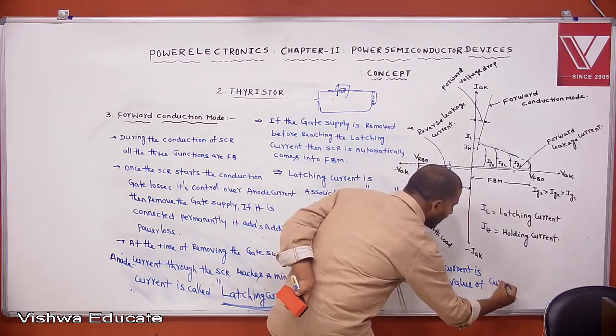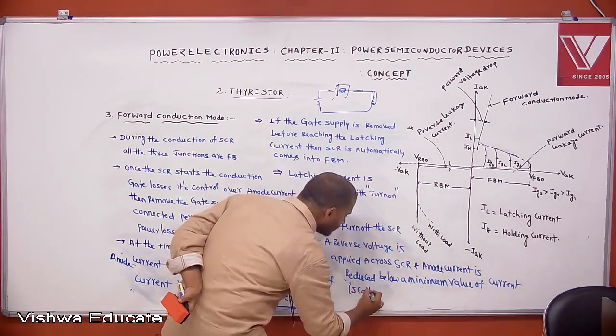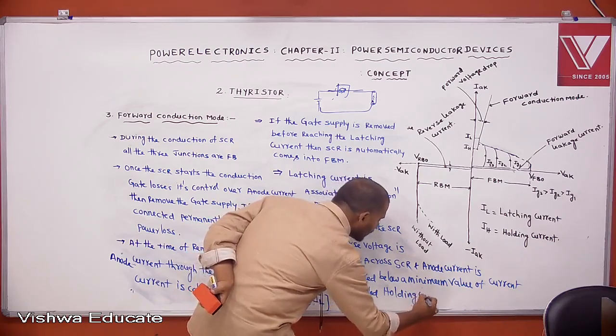Below a minimum value of current is called which one? Holding current.